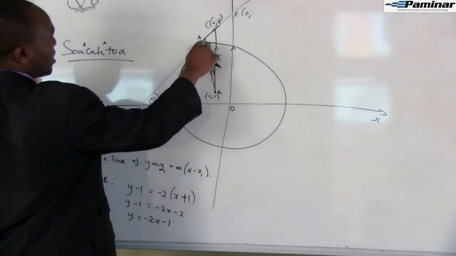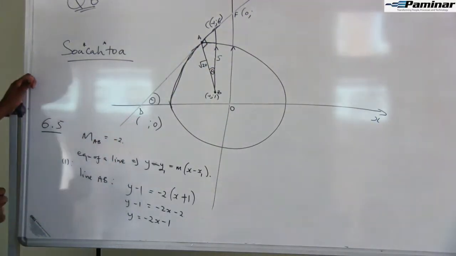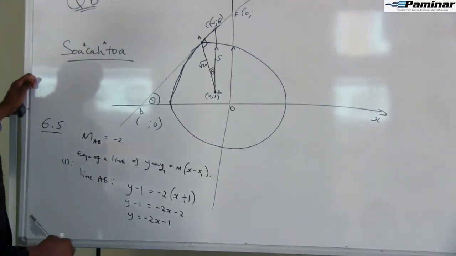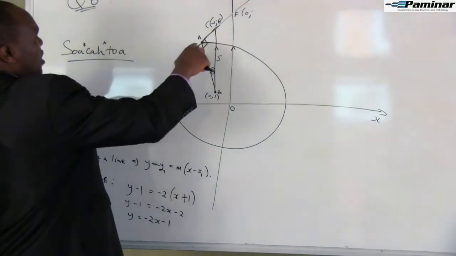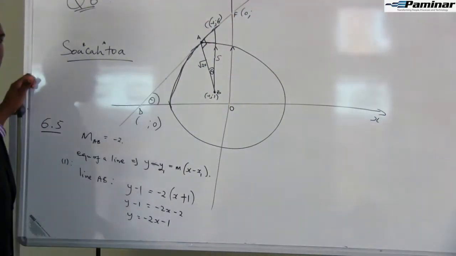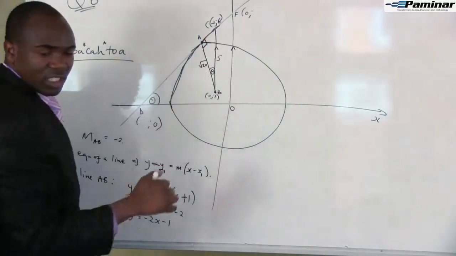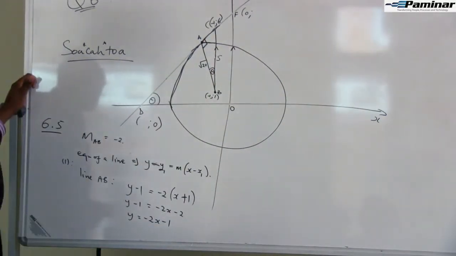Now we want to find the coordinates of point A. Now look at it nicely. If we were to use these points to get there, what are we going to get? If we were to use these points, what was that equation? We got what?